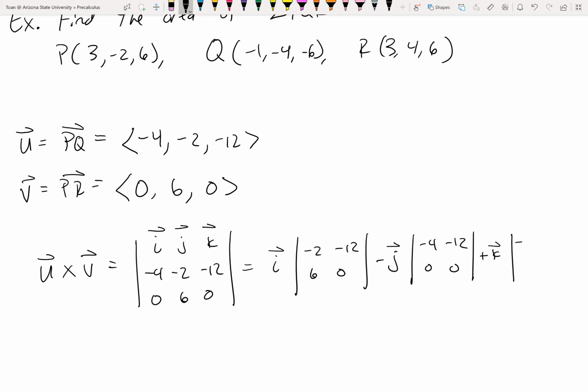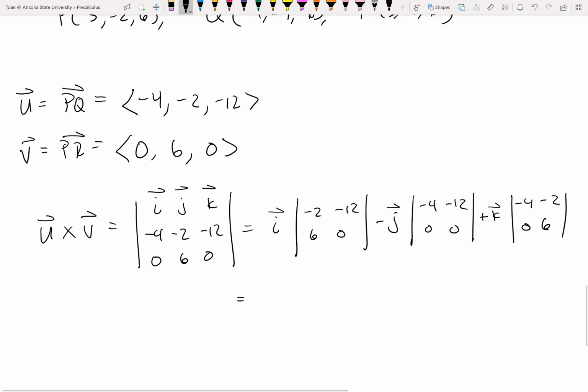For the i, that's 0 minus a -72, so it's a positive 72. For the j's, it's 0 and 0, so I'll write the 0 just so it's there. And for the k, it's -24 minus 0, so it's obviously -24, or 24k, excuse me.